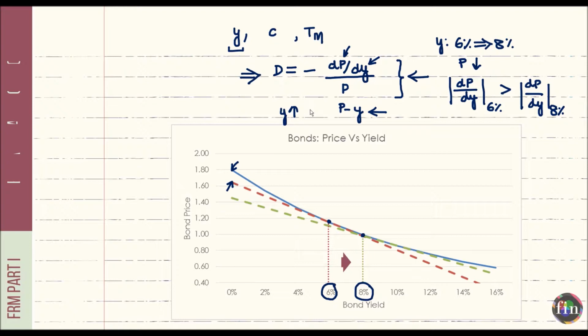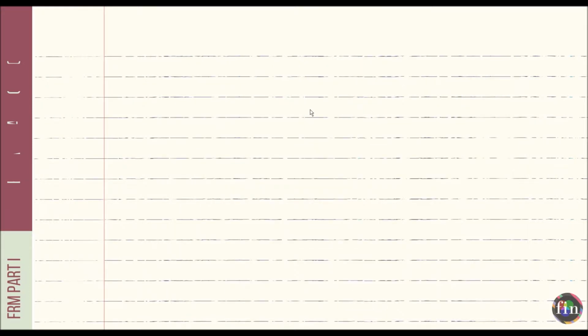So let's switch to the other interpretation of duration: duration is a weighted average of the times at which the instrument pays us something.